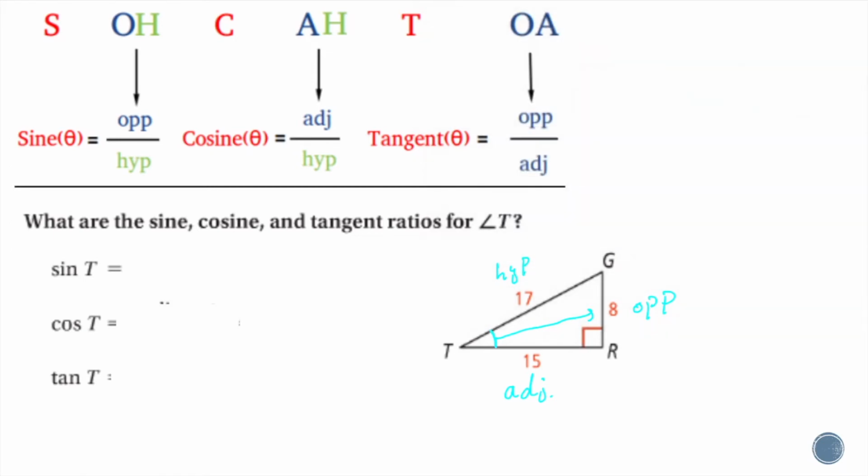So the sine is opposite over the hypotenuse, which is 8 over 17.